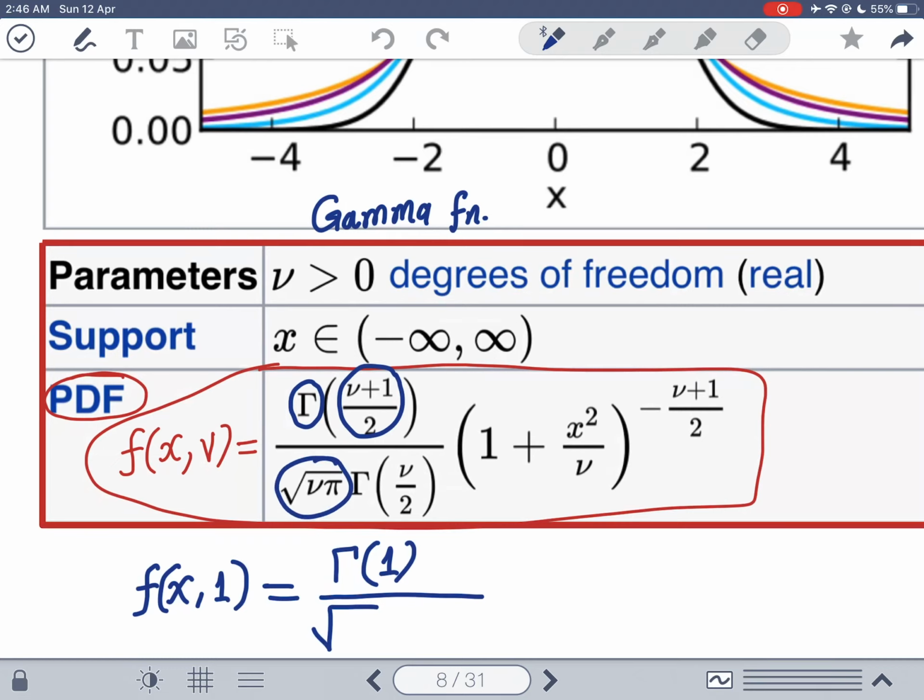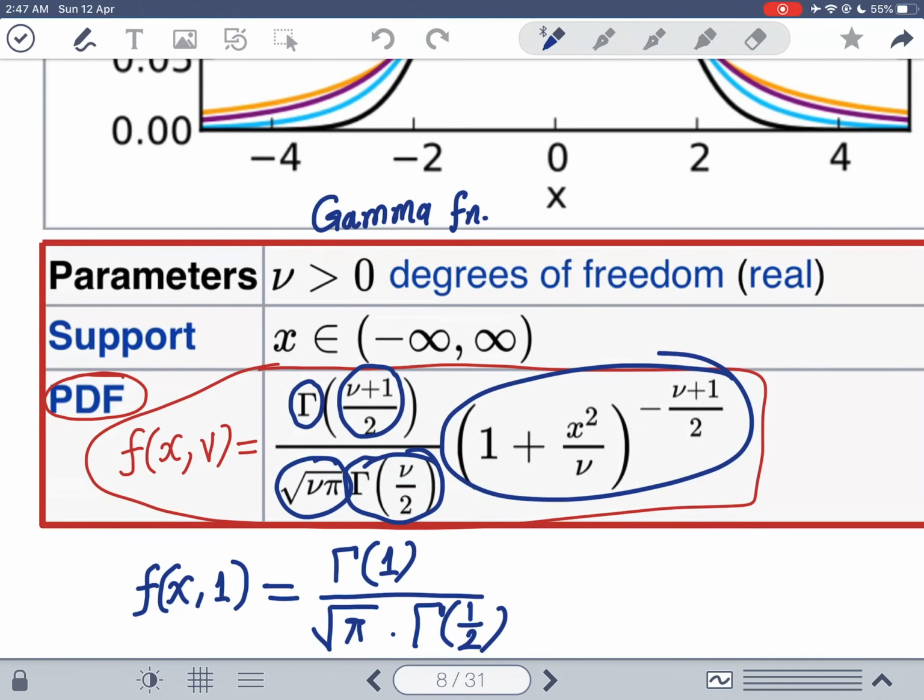V is 1, so 1 times pi is pi, times gamma of V over 2, which is 1 over 2. Now let's write this part: times 1 plus x squared over 1, which is just x squared, to the power of minus (V plus 1) over 2, which is (1 plus 1) over 2, so to the negative 1.